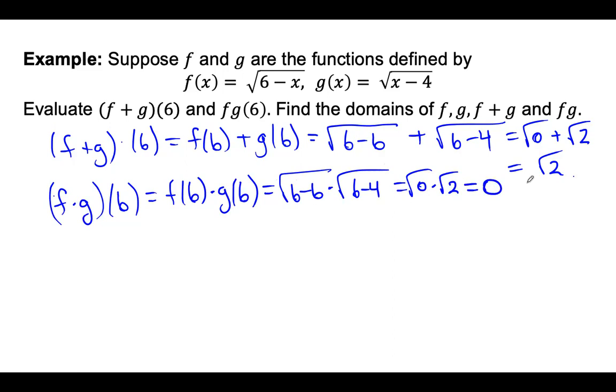Okay, so we evaluated them. All right, so that's that first part. The second question says find the domains of F over G, F plus G, and FG, the product. A little bit more. So F of x is equal to the square root of 6 minus 4.